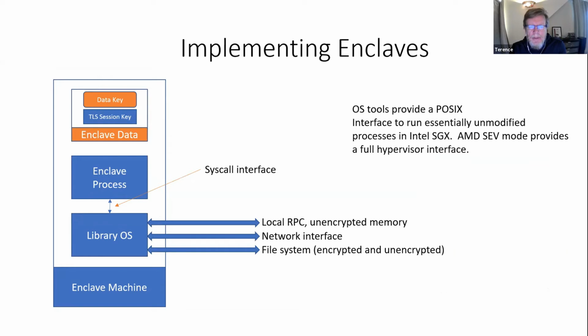And a library OS basically gives you the ability to create RPC channels, to read and write unencrypted chunks of memory, to talk to a network interface, to access other servers and talk to a file system, which gives you the ability to actually read and write encrypted and unencrypted data. And so this allows us to actually take a process that we care about, move it into an enclave, and then have it protected in this way by the CPU itself.